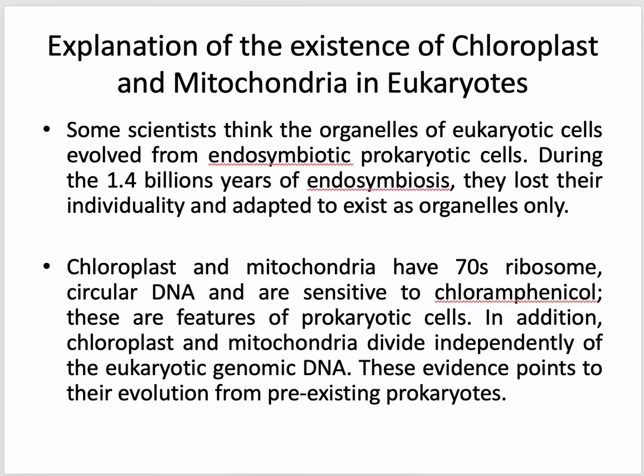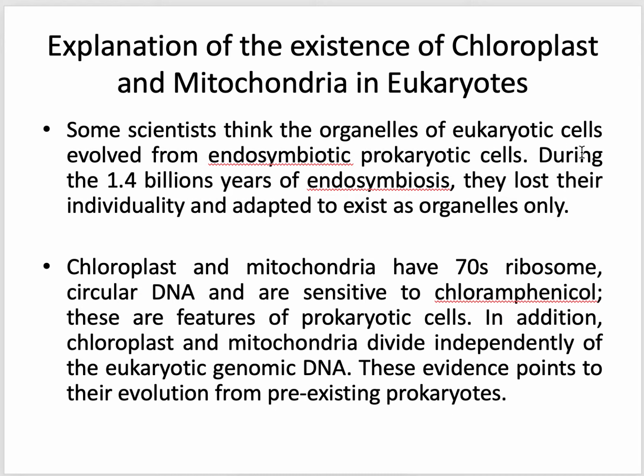Some scientists think the organelles of eukaryotic cells evolved from endosymbiotic prokaryote cells. Mitochondria and chloroplast are organelles of the eukaryotic cells, right? Some scientists think that these organelles were once prokaryotes themselves, and through evolution, which is called endosymbiosis, they became organelles of the eukaryotic cells.